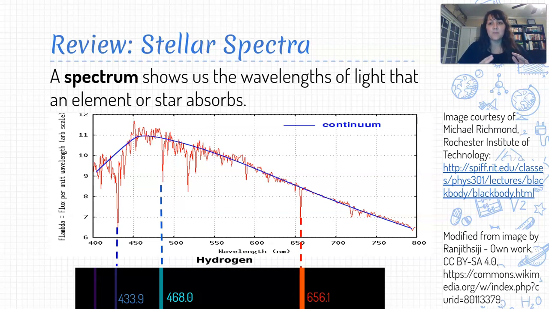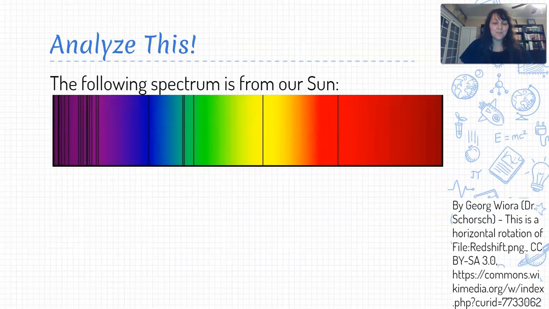Okay, so let's look at a couple spectra at this point. So here is the absorption spectrum for our sun. We can think of this almost like a graph, where the horizontal axis represents different wavelengths of light that the sun is sending to us.